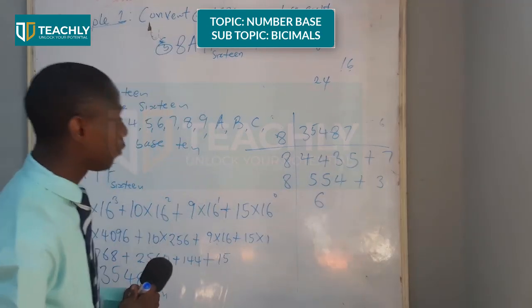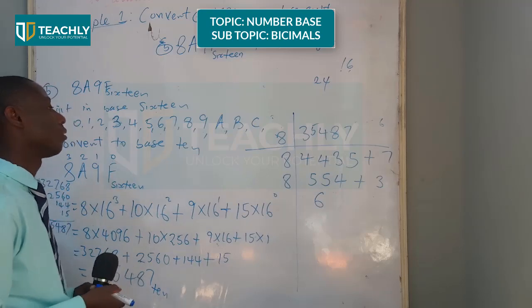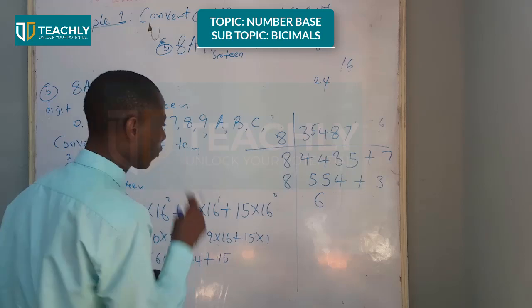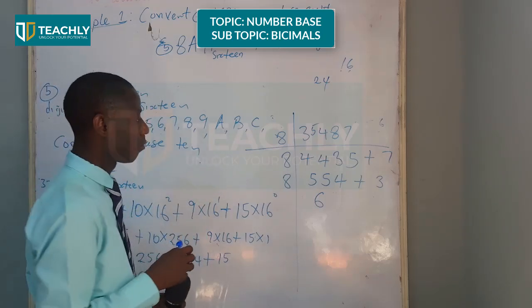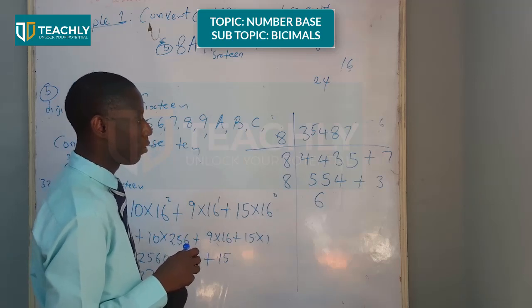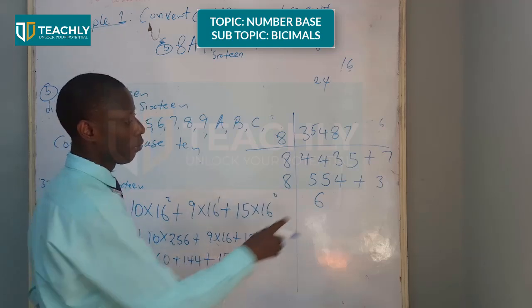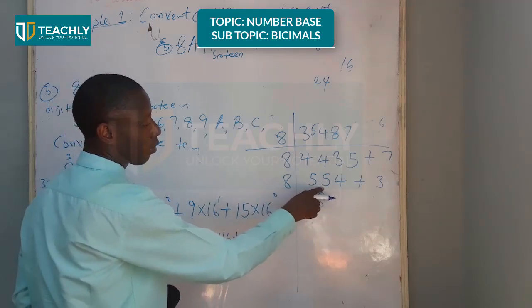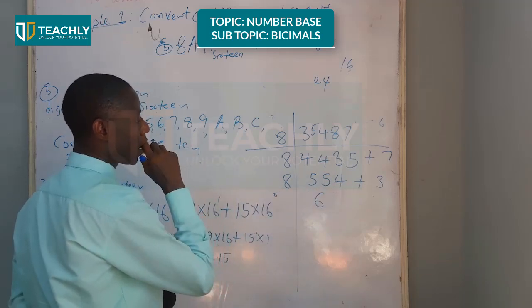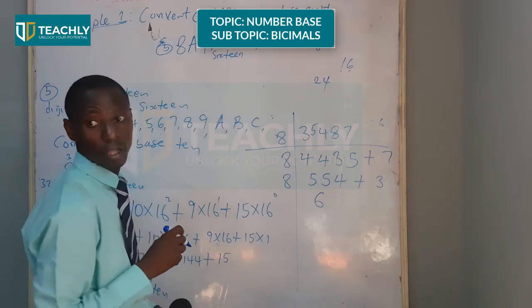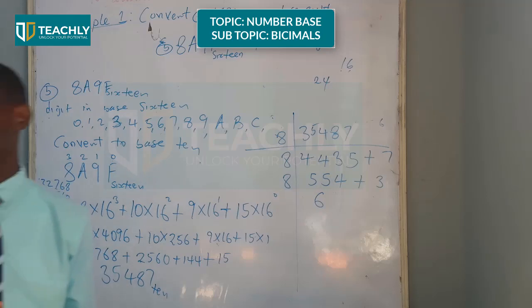How many 8 will you find in 74? 8 times 8 is 64. 8 times 7 is 56.